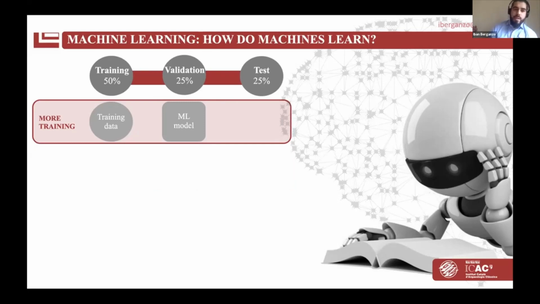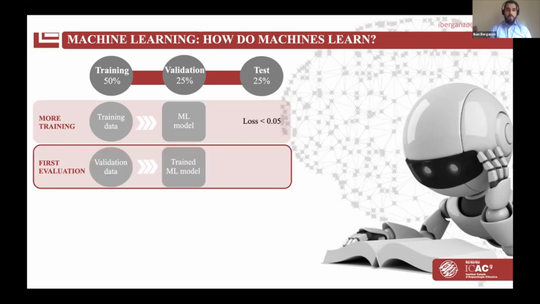How do we do that? Well, maybe adding more training data, augmentation techniques, and changing model parameters. And then again, we train with these new techniques, and we again have an error less than 0.05. Then we evaluate the trained model again, and now the score is higher.